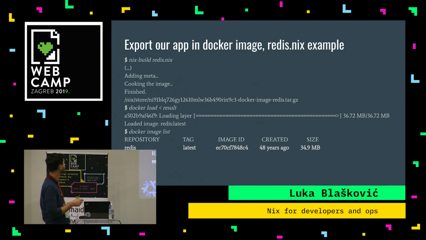It looks like this. We run this nix build, and it will bake the image for us. We can load it into Docker, and we will get one very, very old Docker image. Why is this image so old?